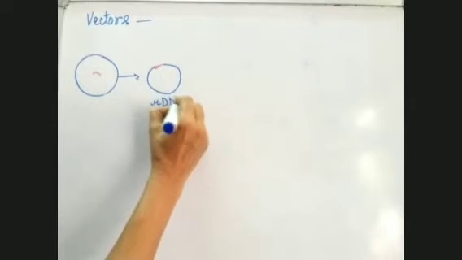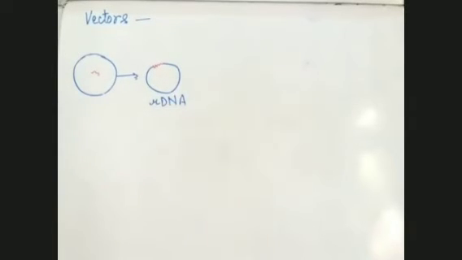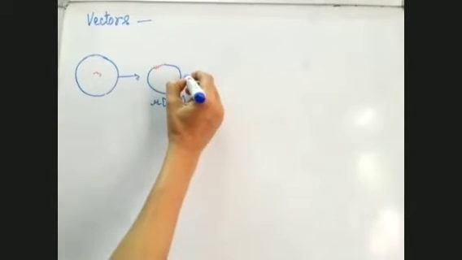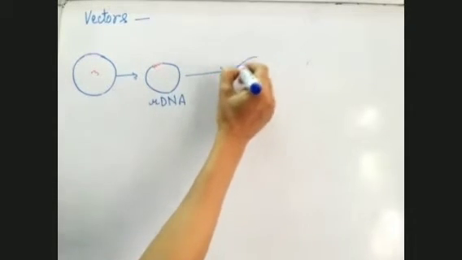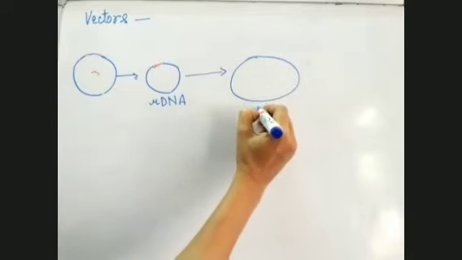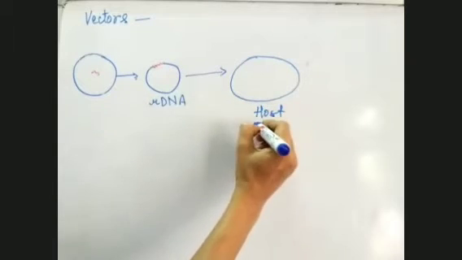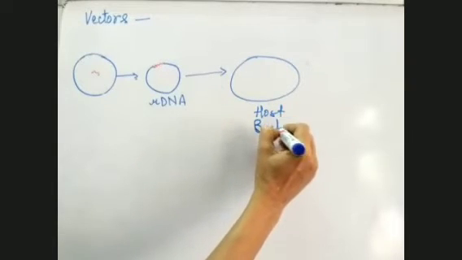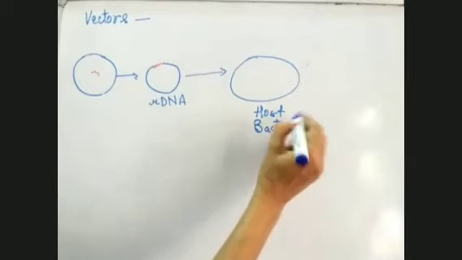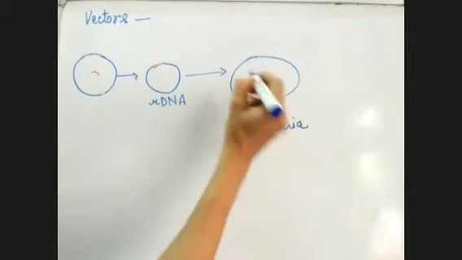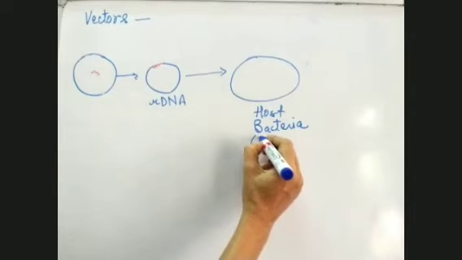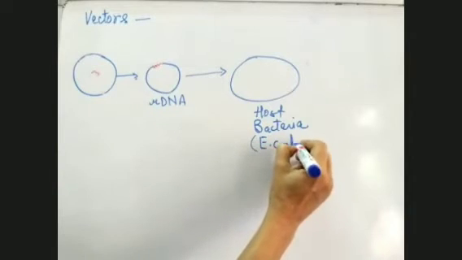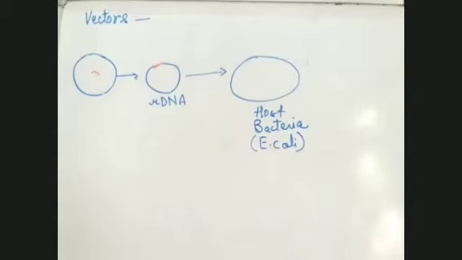Now we want this desired gene in large amount. So for that, what do we do? We introduce this into another host, mostly bacteria. The most commonly used bacteria for this process is E. coli. So it is introduced into this.